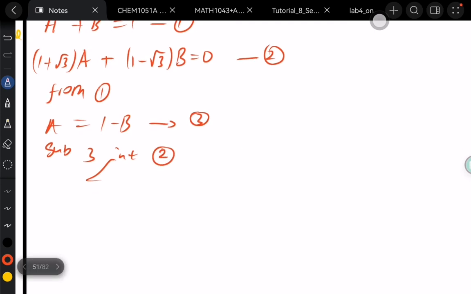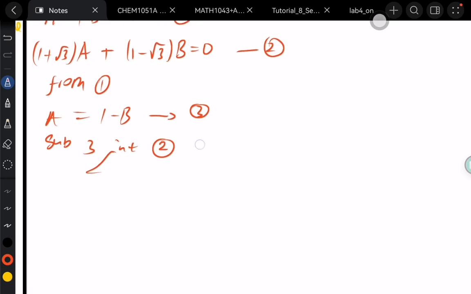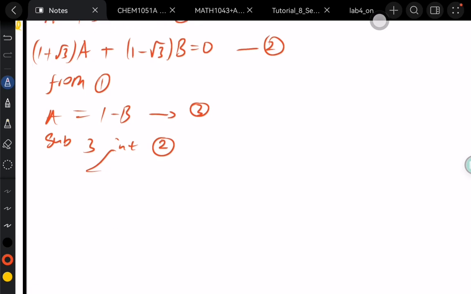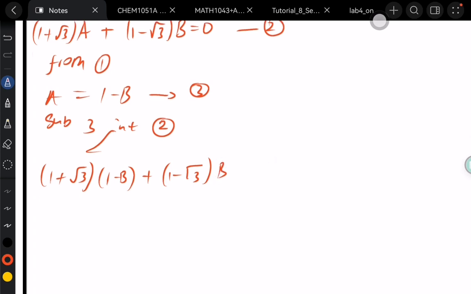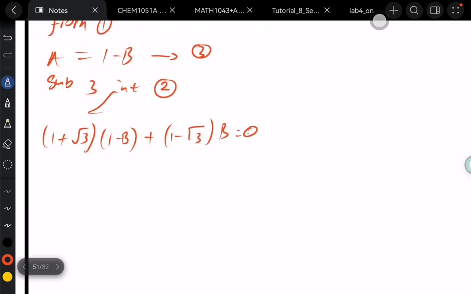So substituting equation 3 into equation 2, I will get (1 minus b) times (1 plus the root of 3) plus (1 minus the root of 3) times b, which is equal to 0.